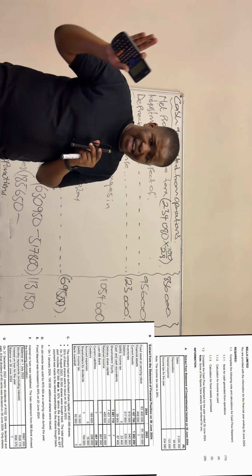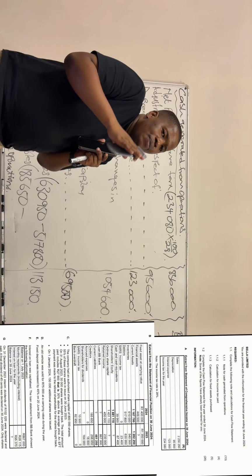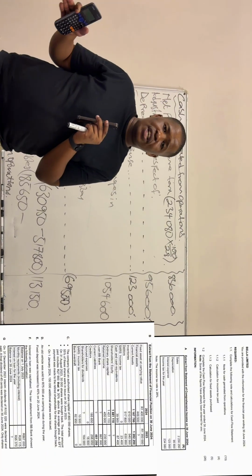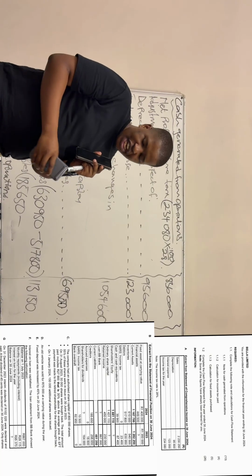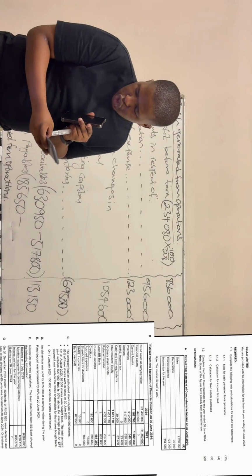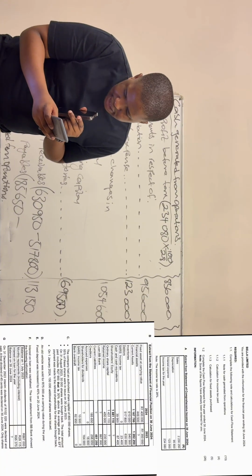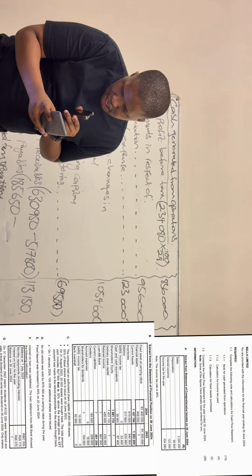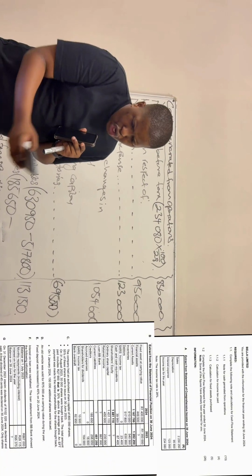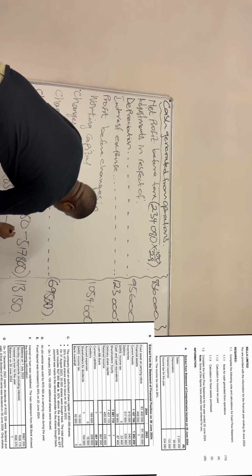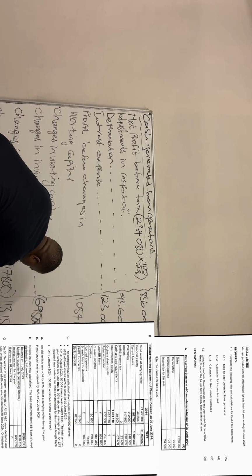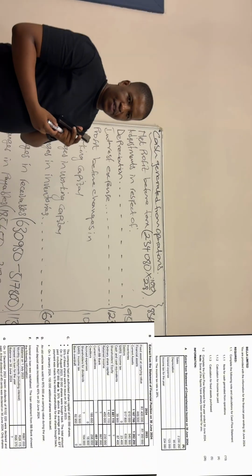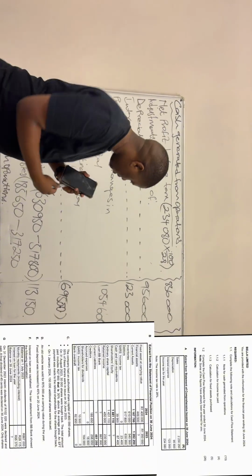Everything else can be part of your payables except for SARS income tax, shareholders for dividends, and bank overdraft. Why? Because bank overdraft falls under cash and cash equivalents in the net change in cash and cash equivalents. So you're going to say 298,650 plus 18,600. You have 317,250.